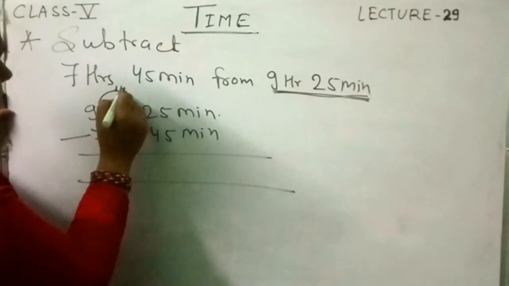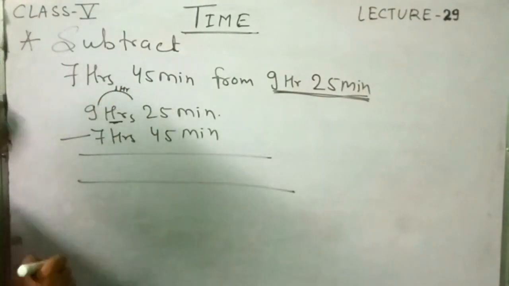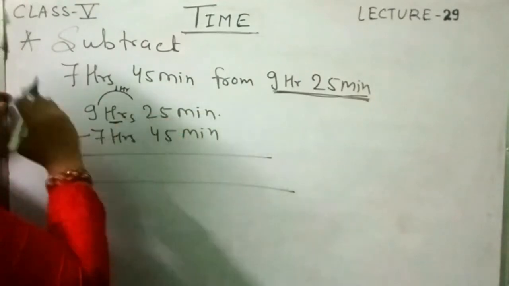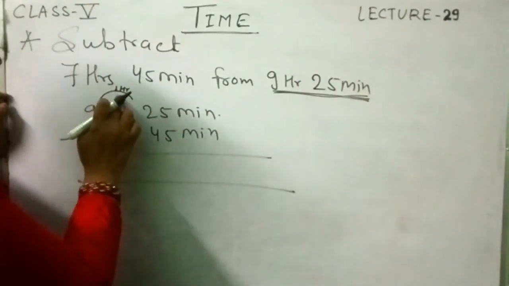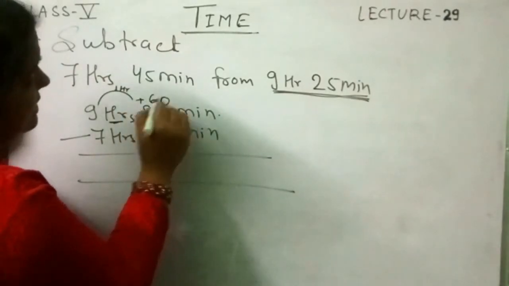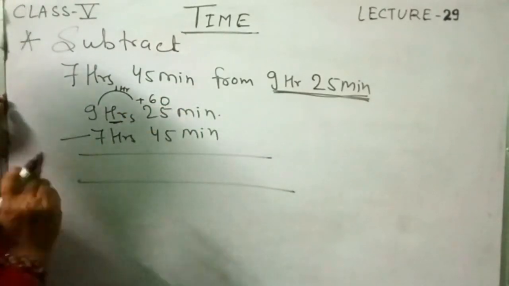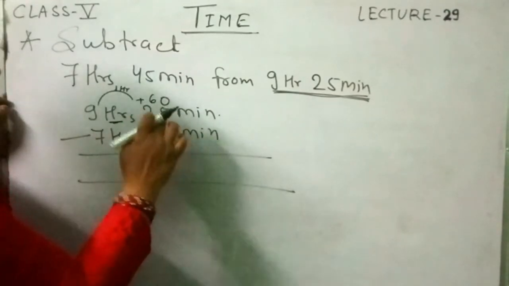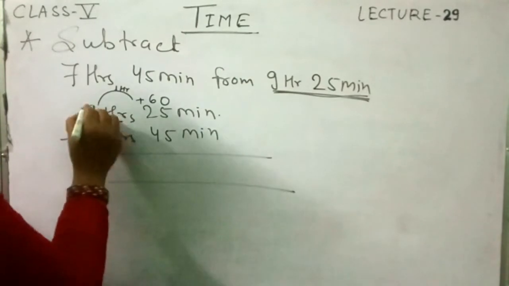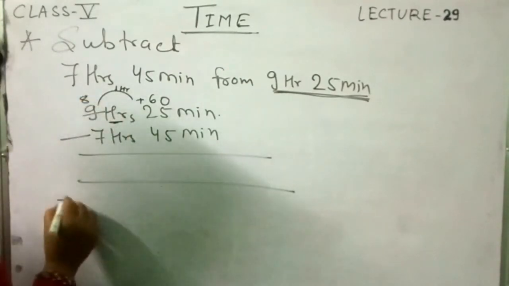But this number is given in the minute. So first what we will do? We will convert 1 hour into minute. See, we have to add plus 60 to this number, and again you have to arrange and write, and this number will be the 8.